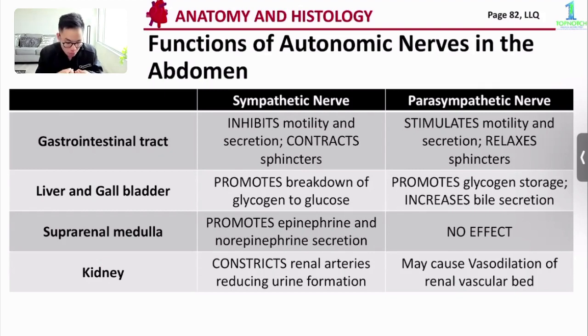They do promote breakdown of glycogen and glucose, just because you need the energy, promoting more epinephrine and norepinephrine secretion, as well as constricting the renal arteries. The reason why you constrict this is because you don't want to form urine as much whenever you're in a fight or flight mode, as opposed to a resting, more parasympathetic mode. The parasympathetic, by the way, is basically the opposite, but it has no effect on the suprarenal medulla.